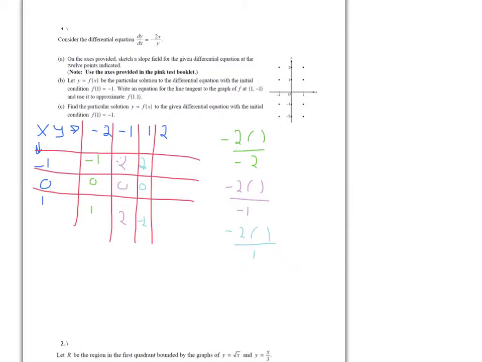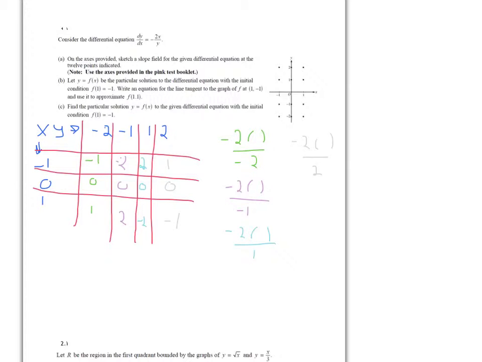Gray. -2 times what x value divided by +2. So -2 times -1 is +2, divided by 2 is 1. 0, and -2 times 1 is -2 divided by 2 is -1.